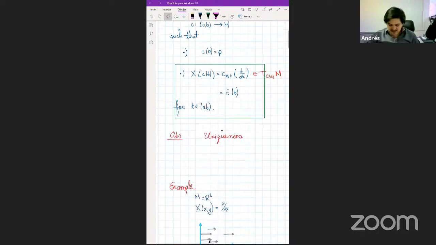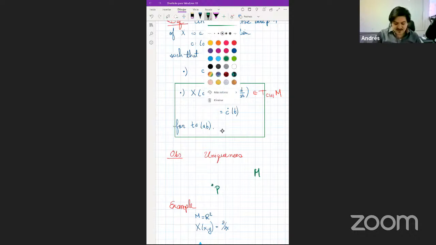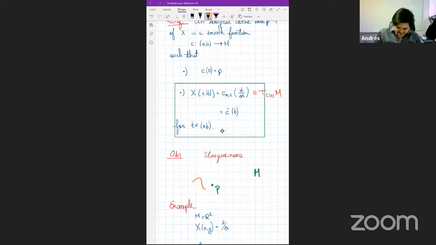But if we have here M, p, and we look at the image of the function, this is the vector field.